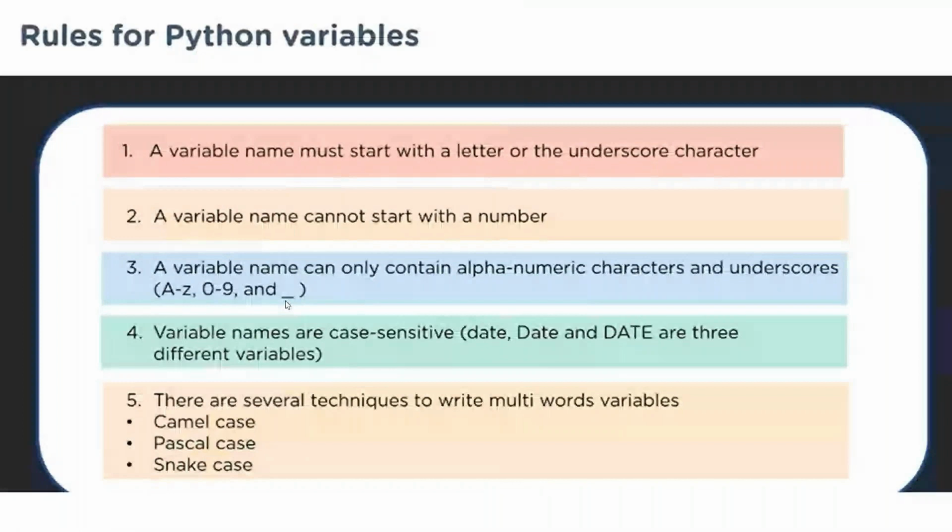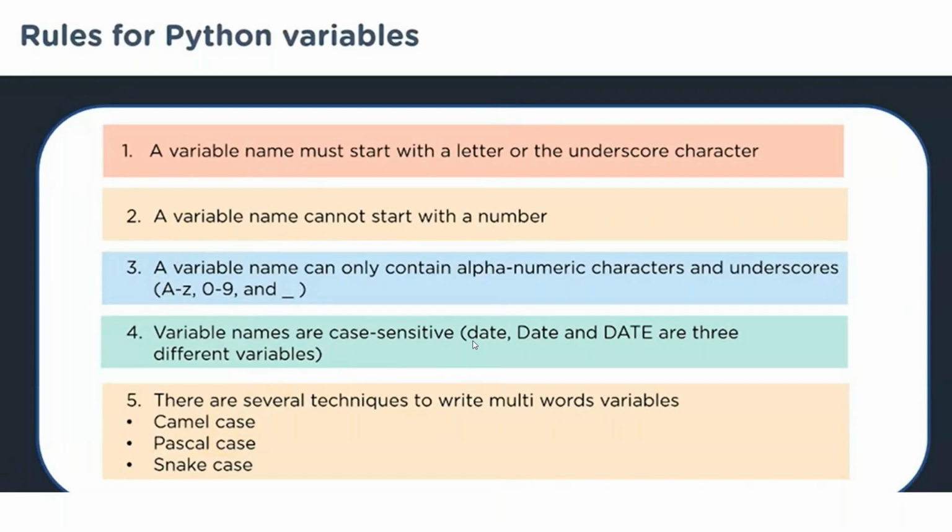If I write a variable with a small case and then write a second variable, Date, where D is capital, the first variable is going to be different from the second variable. So variables are also case sensitive. And there are several techniques to write multi-word variables. There are three techniques: one is camel case, one is Pascal case, and then the snake case. One by one, let me write it and show it to you.